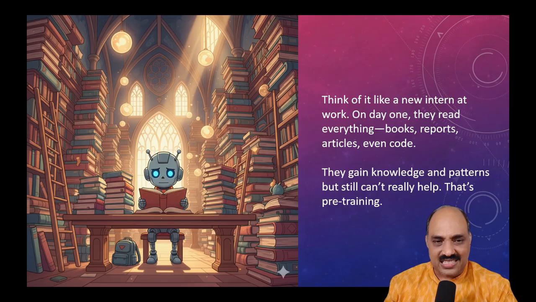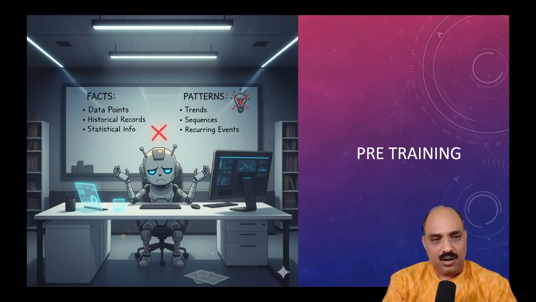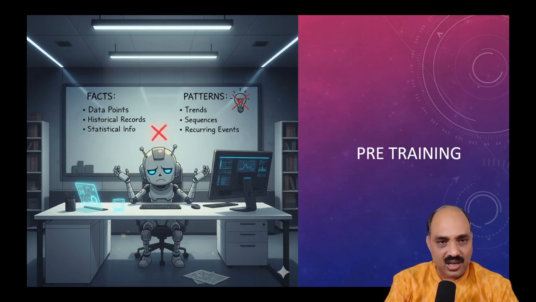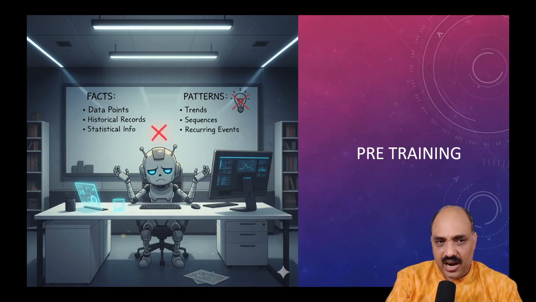Let's take a pause and see what happens next. Now that our LLM robot Chitty has read everything, what it possesses just after pre-training is data points, historical records, and statistical information.